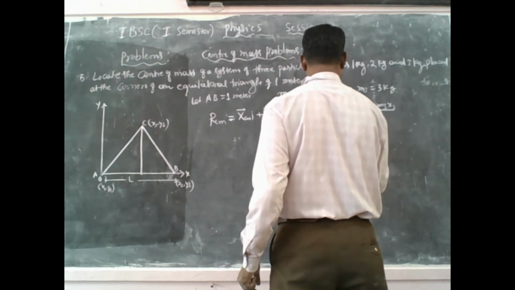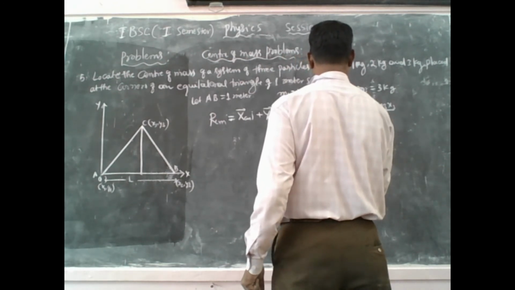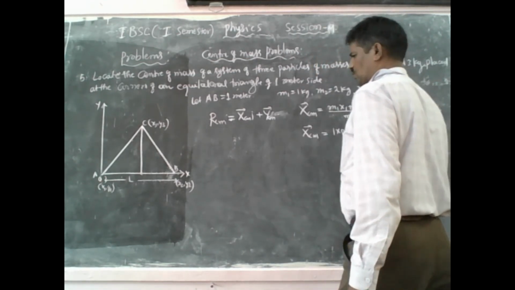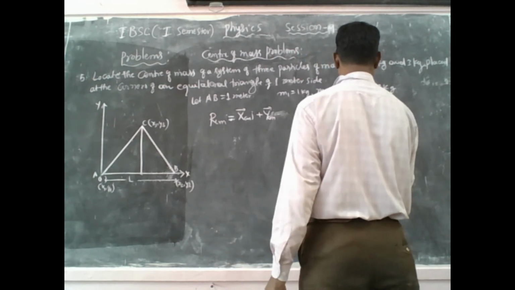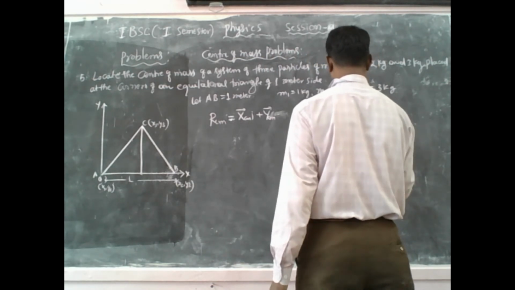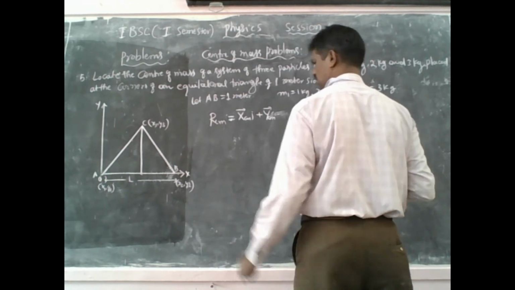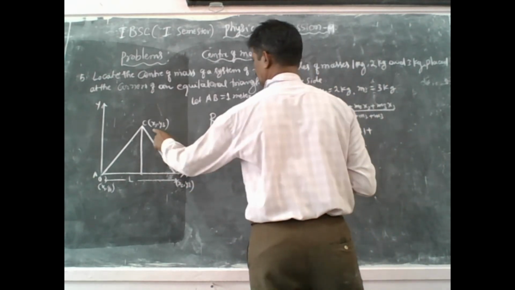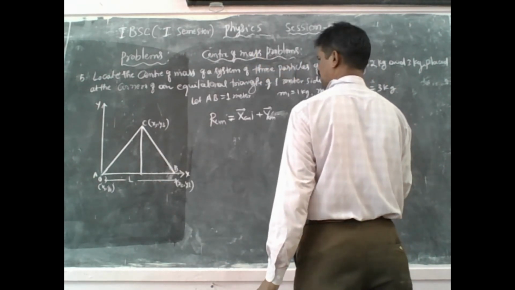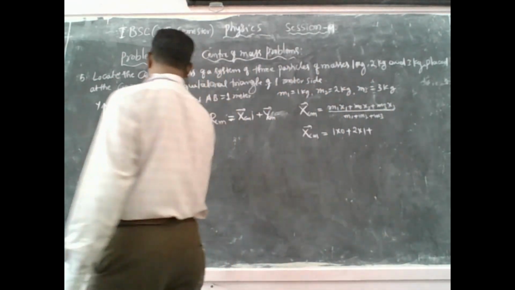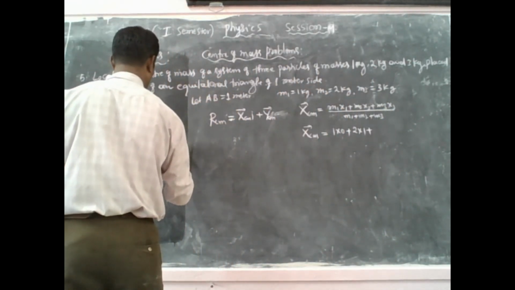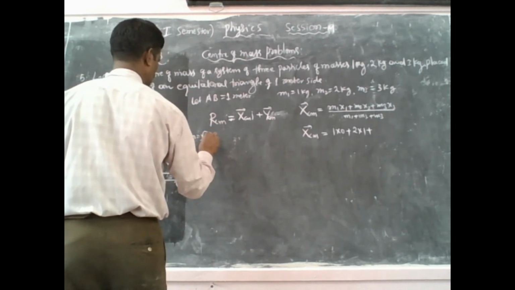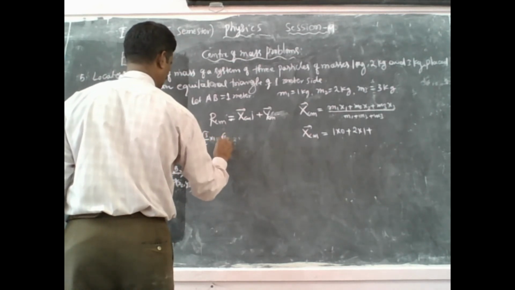X1 equals 0, plus M2, 2 kg, into X2 equal to 1 meter, plus X3 is equal to root 3 by 2, because the height of the triangle is root 3 by 2 into 1 equals root 3 by 2.